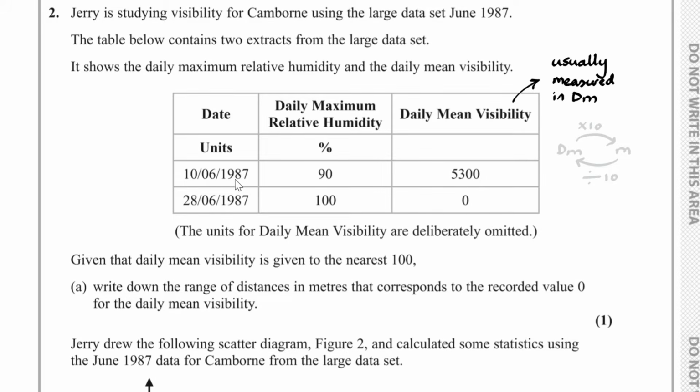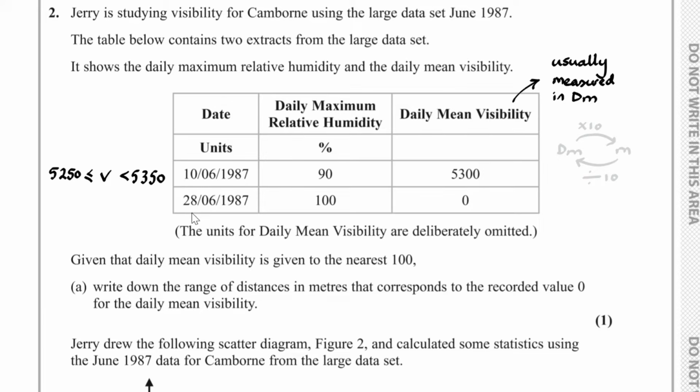what this tells us for the date of 10th of June 1987, where we have a daily mean visibility of 5,300, the range of values here would be 5250, which is less than or equal to V. Remember, the units of V are in decimeters, which is less than 5350.